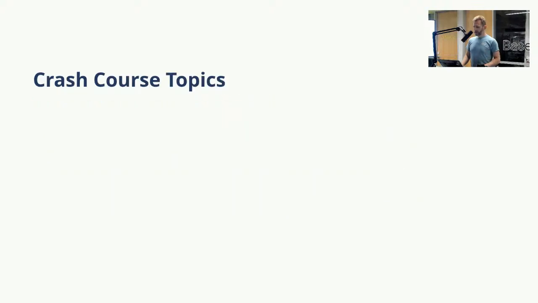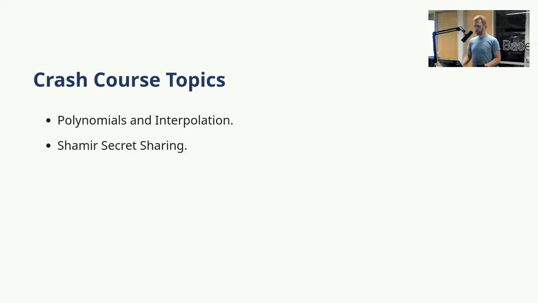So we're going to get into this crash course here. We're just going to go over some prerequisites to help you better understand what Frost is and what Frost does. So we're going to go over polynomials, scary term, but they're actually pretty easy to understand. We're also going to go over interpolation, which is something you can do with polynomials.